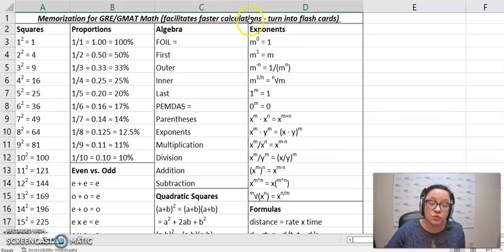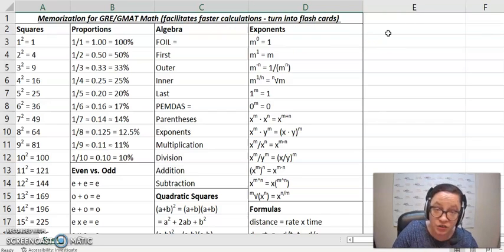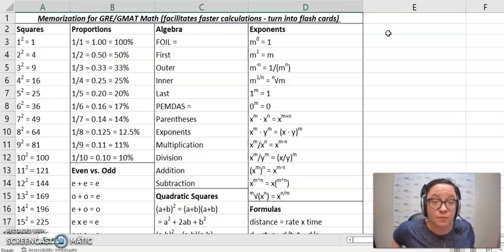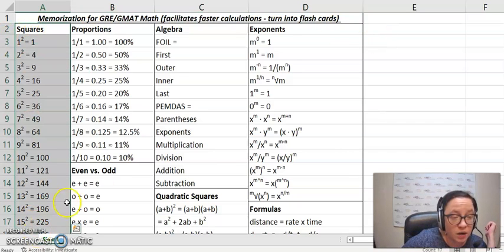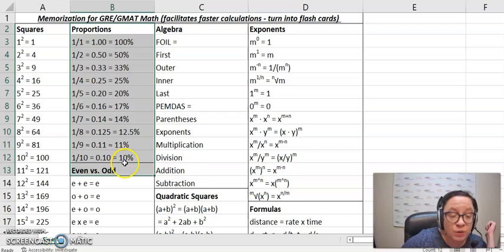I encourage you to tell students to actually make their own little handmade flashcards because it will help them to memorize faster, and that being faster at having it memorized means they'll be faster on the exam too. So that includes your square numbers, the equivalent proportions between fractions, decimals, and percents.